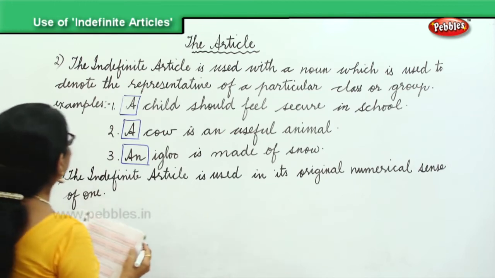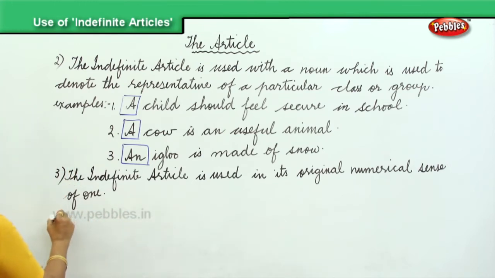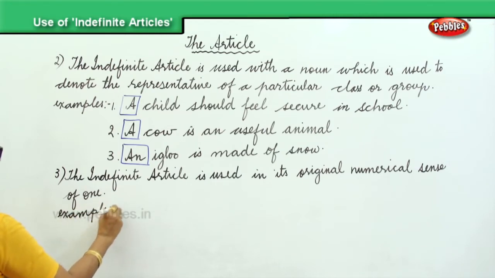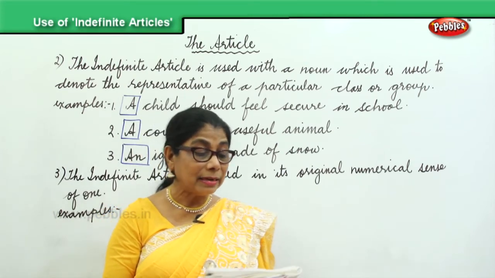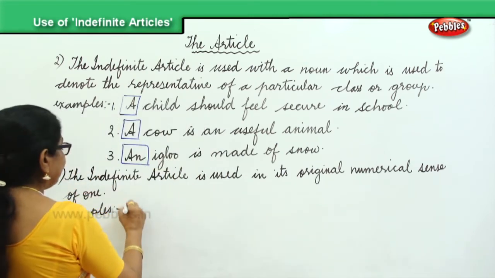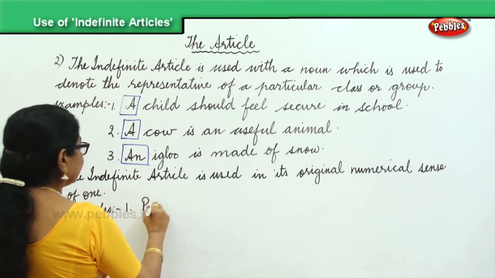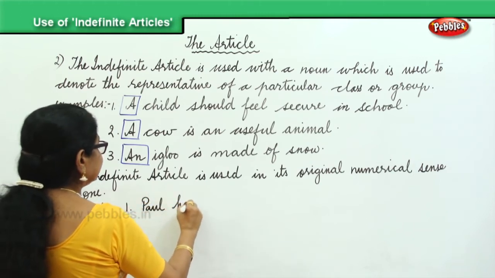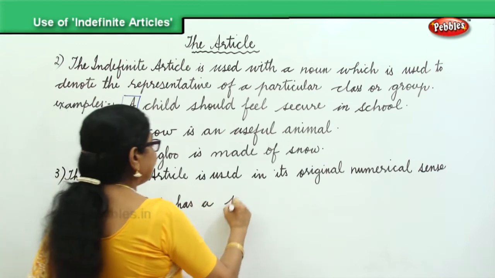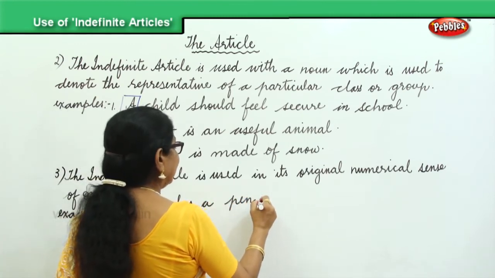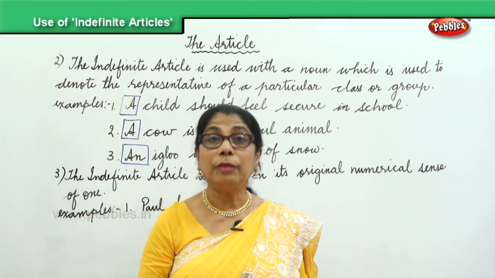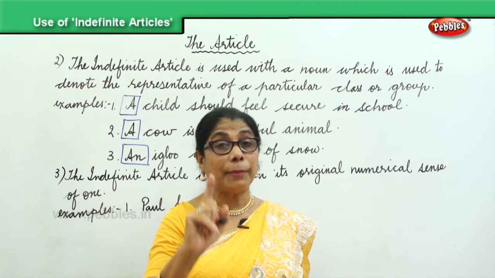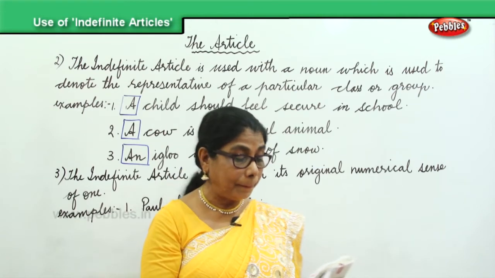Okay, when you talk about that, we have some examples for you here. Let's look at it. Paul has a pen. Okay, when you say a here, the indefinite article a, when you say a pen, we are talking about numerical value, one pen.